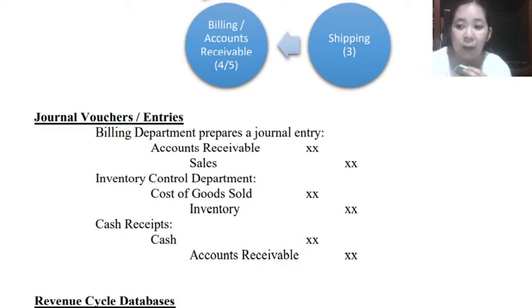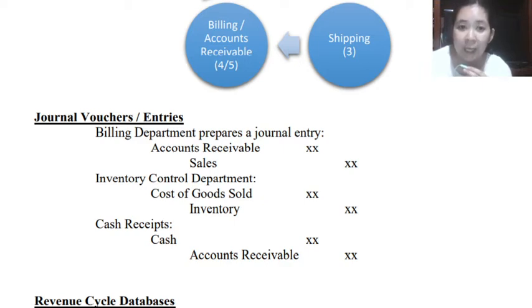The transfer of goods to the buyer has already been made. Meaning in this case, the buyer now has the liability for those goods that were transferred to them. That's why the entity can now recognize that they have the receivable from the buyer. So that's why we have this entry: debit accounts receivable, credit sales.